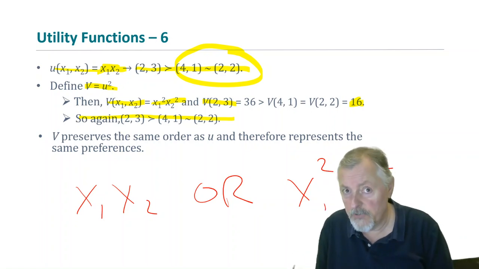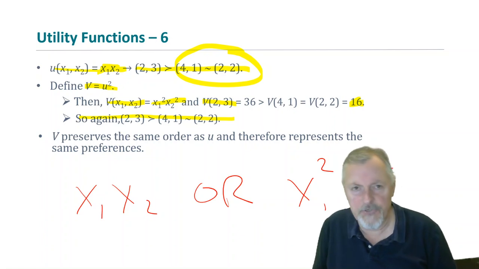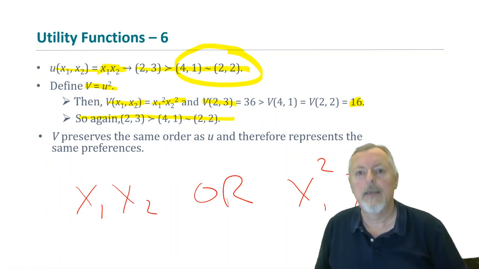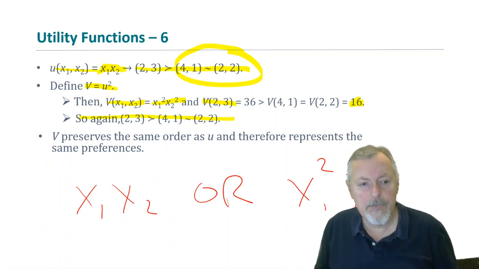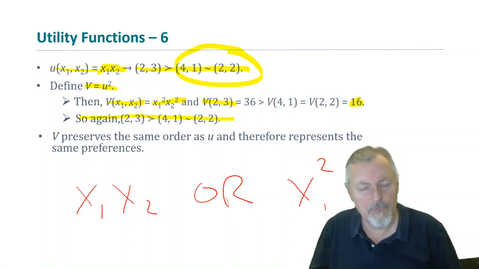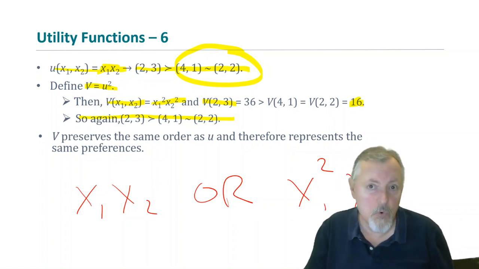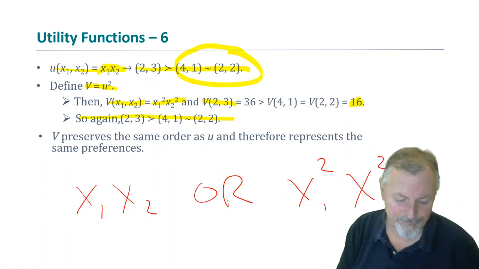The numbers change, but the preferences described do not change. Just like if you were weighing people and you use different size rocks, the number of rocks that a person weighs will change, but how much they actually weigh and who weighs more than who does not change.